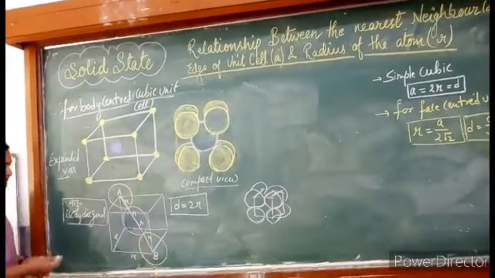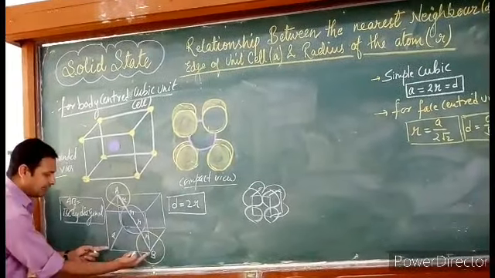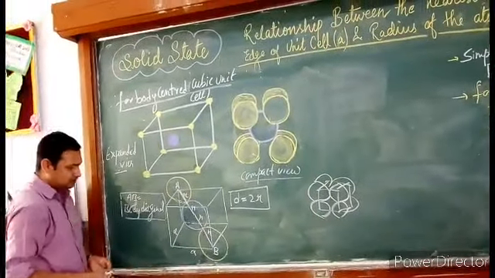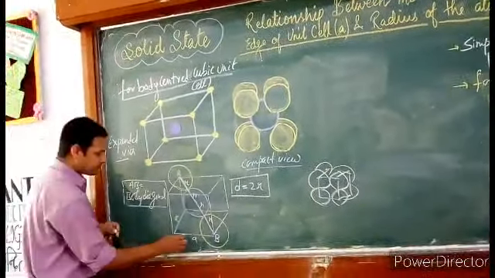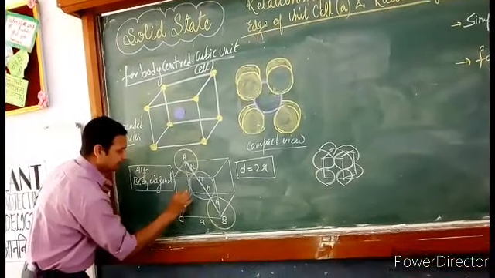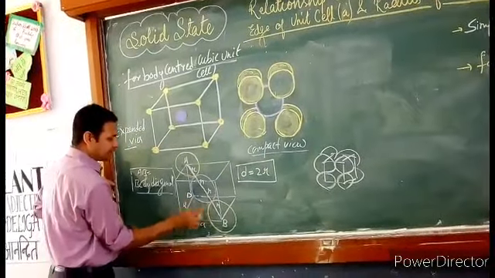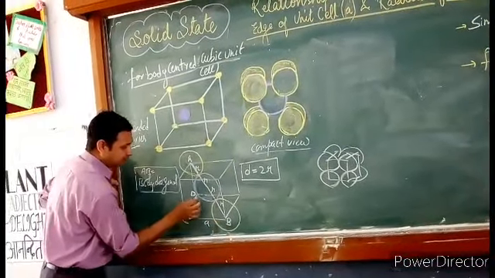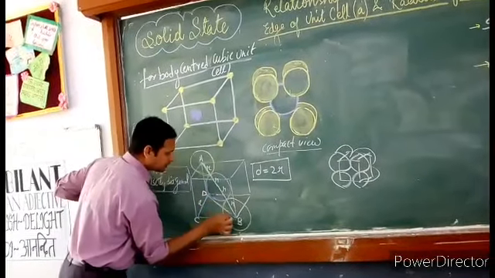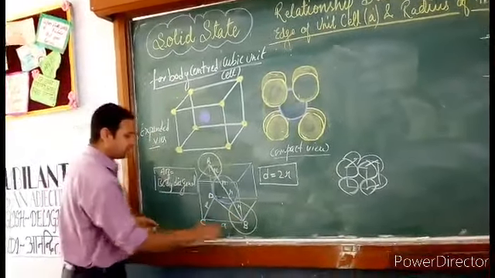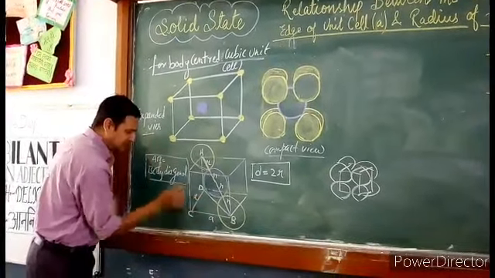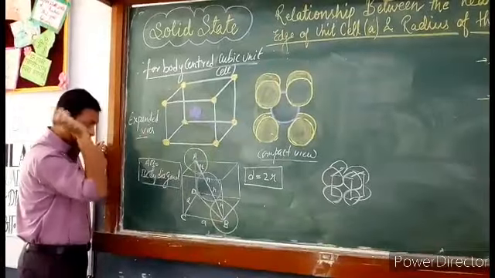Now, to get the relationship between the edge length and R, first we consider a triangle BCD. This angle is 90.